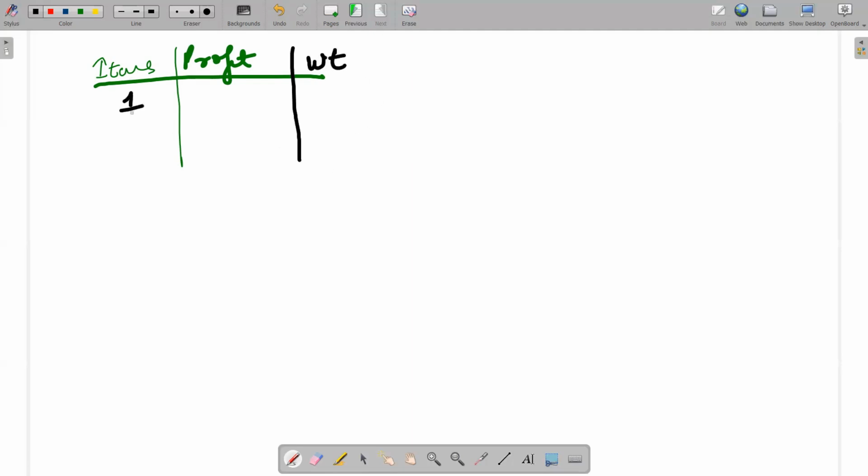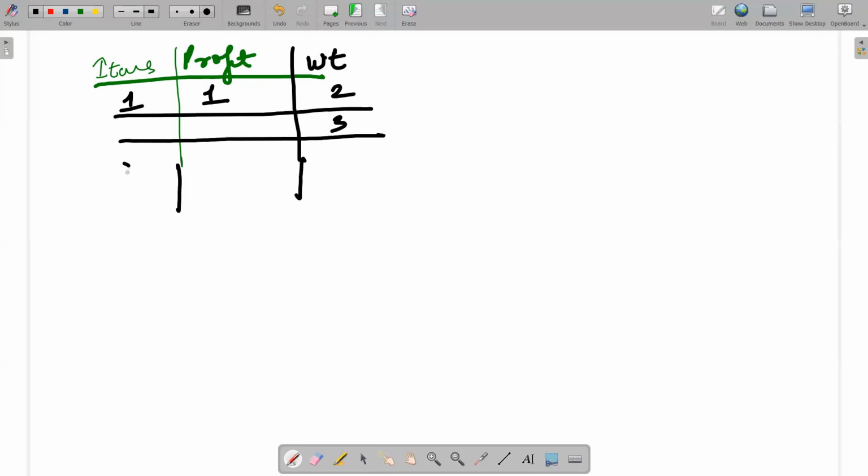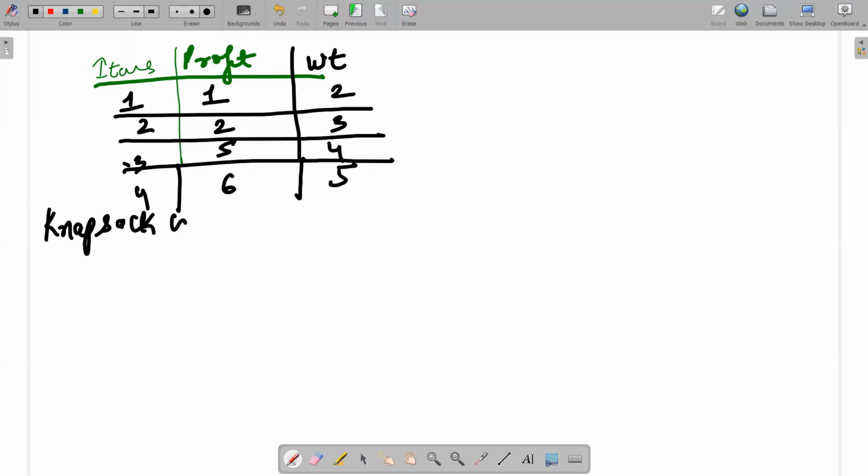So we have got items, and the knapsack capacity is 8, right?